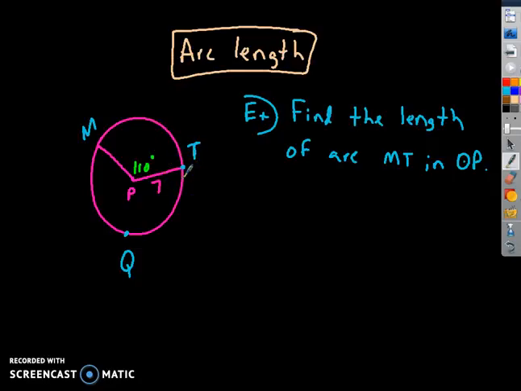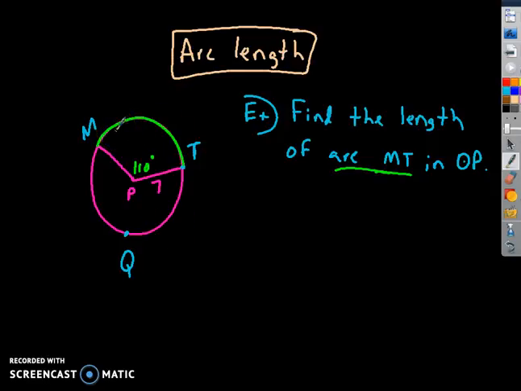For example, it says find the length of arc MT in circle P. So here's circle P. Arc MT is this minor arc, which is right here. And then once you find the length of it, well, that length is a part of the whole circumference.